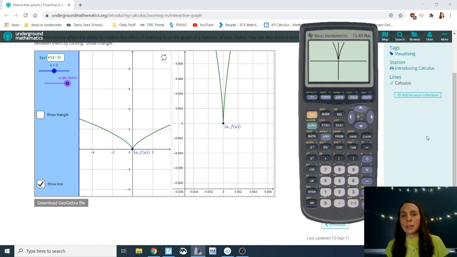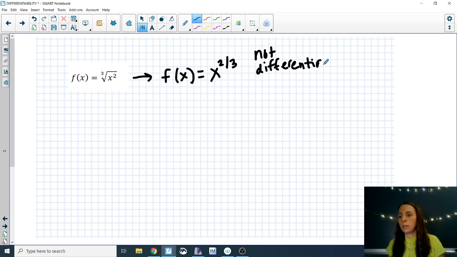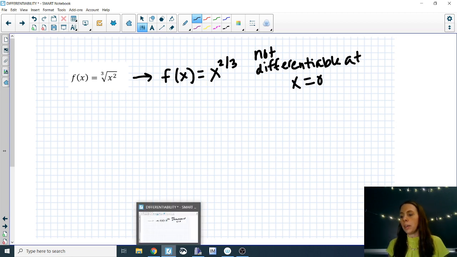So what that indicates to you, you could say informally, is that this function is not differentiable at x equals 0. And the reason it's not differentiable at that point is because when we zoom in, what we're trying to do is see the line that is the tangent line that we can take the slope of.